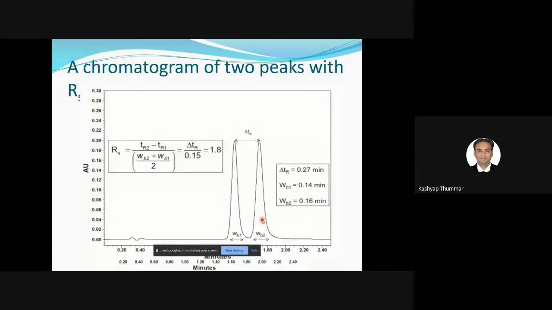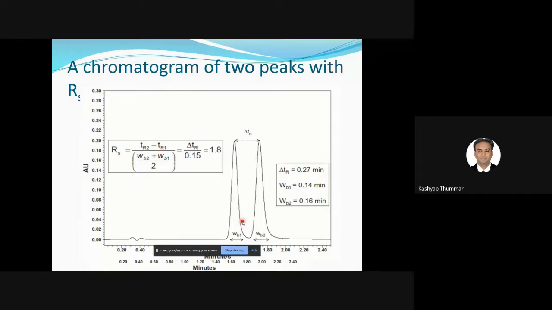By equation, a chromatogram of two peak widths. Dear students, if you don't understand by the definition, you will get more information through the equations. Suppose again we take the same example we used for the retention factor as well as the separation factor.